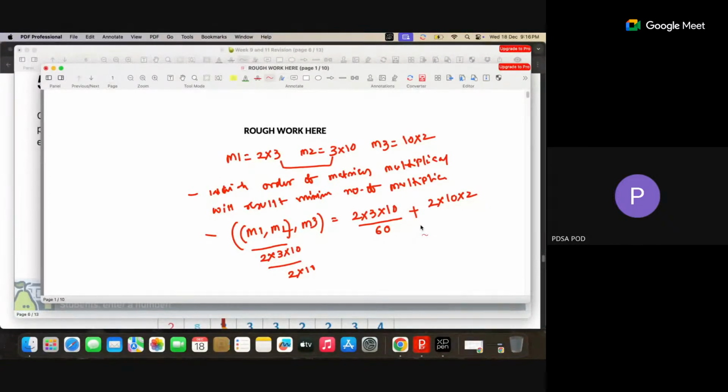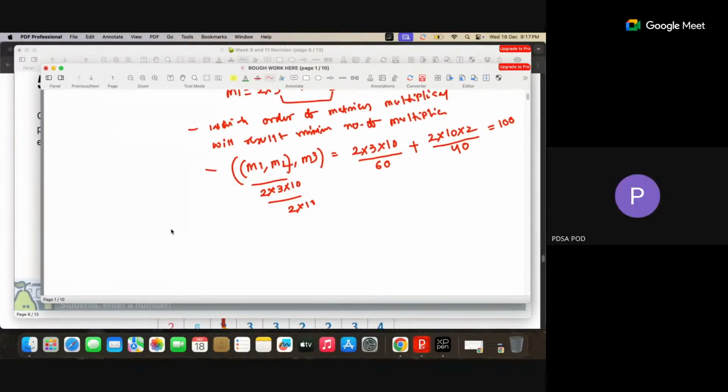So the number of multiplications is 40. Here the total is 100 multiplications. Now another way is there.